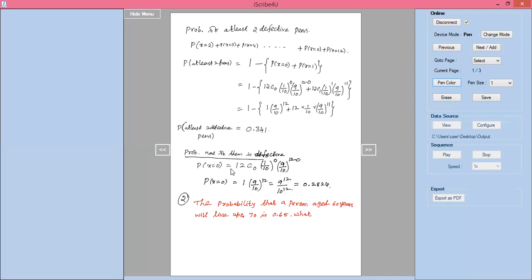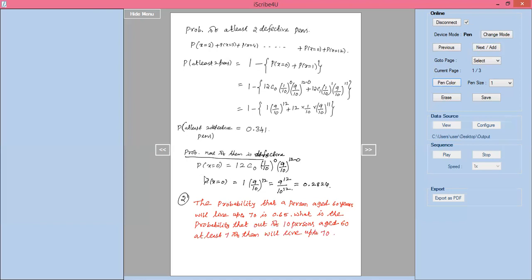What is the probability that out of 10 persons aged 60, at least 7 of them will live up to 70?